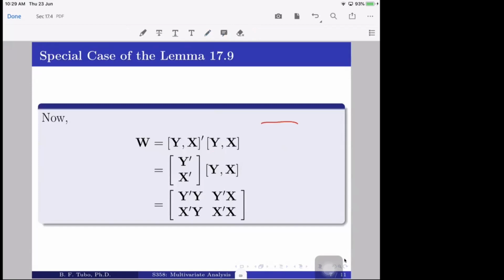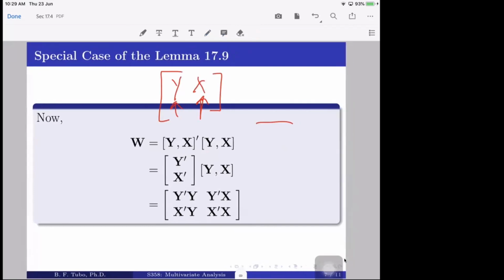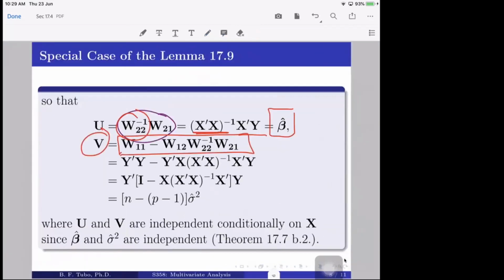So regression is, what we did, we appended our response variable y with our explanatory variable x. But ordinary regression is simple, one y and one x. And then if you substitute it here and do some manipulations on the matrices to isolate y prime y, this is your component there.